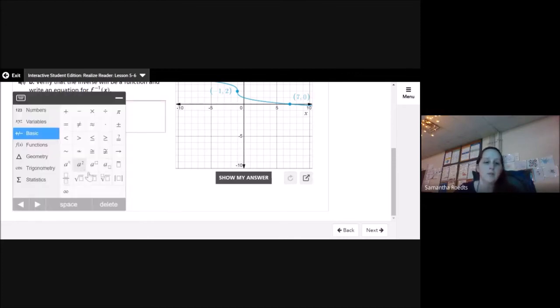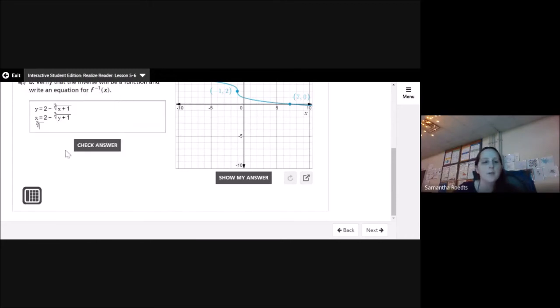I'm actually going to move. I don't like dealing with negative numbers. So the cube root of y plus 1 equals negative x plus 2. And we're going to cube all of this. This gives me y plus 1 equals negative x plus 2, cubed, and then subtract 1 from that.